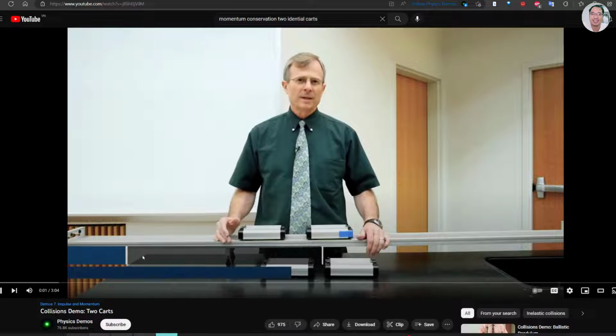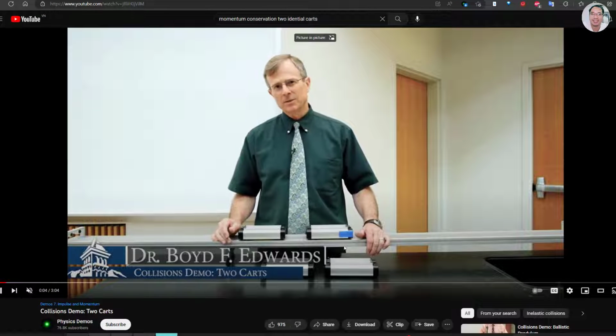Today we're going to demonstrate with two cards, they are identical, meaning they have almost the same mass and the same shape. They are placed on a perfectly horizontal aluminum track, which has very low friction, and their tiny wheels can smoothly rotate and move on the track.